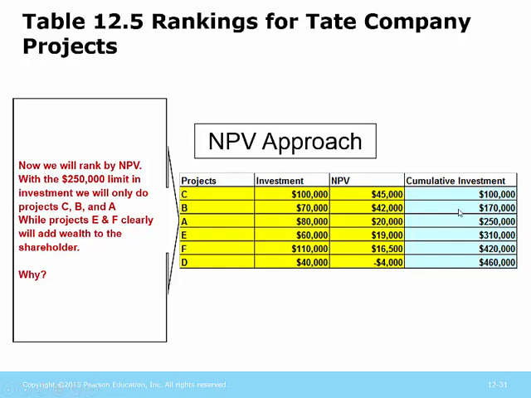Then you can see we're going to do the first three projects. We would do C, B, and A, because those are the projects that would maximize value while we spend $250,000, and they have the highest net present values. Again, we're eliminating E and F. E was acceptable before, and it's unacceptable now.